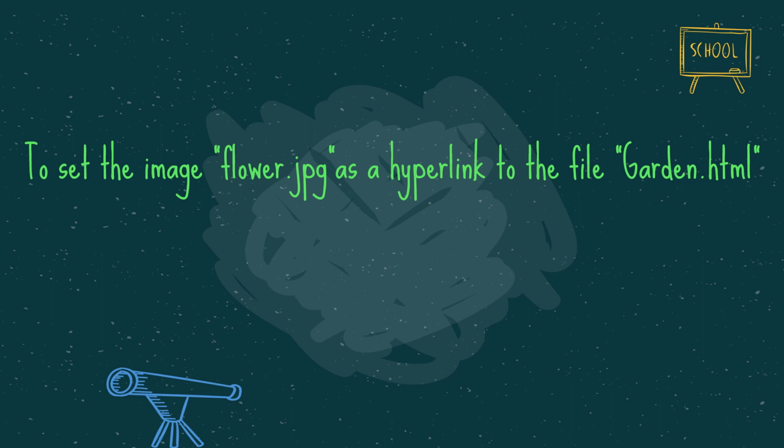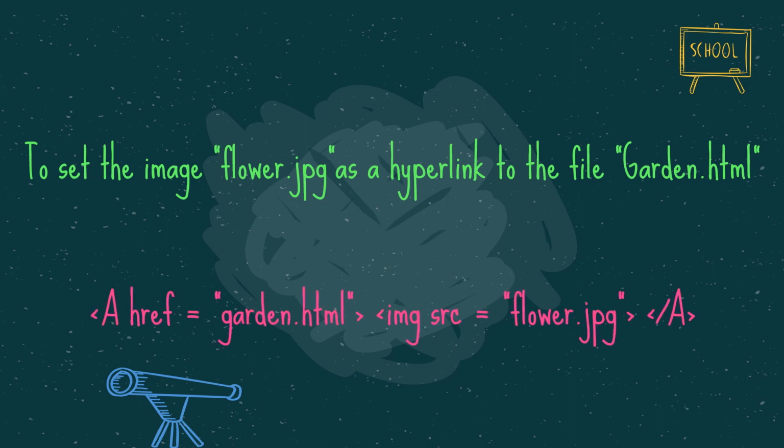So when we click on this image flower.jpg, it will open the file garden.html. This is the next web page that should open. So we will give the name of the file with the href attribute. So we will write a href, that is the file that should open, garden.html.